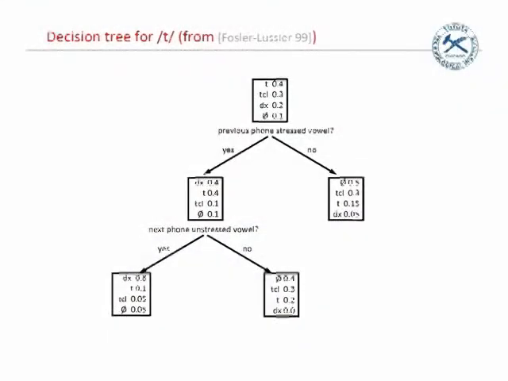And here's what a decision tree might look like for the phoneme T. So the root of the tree is the marginal distribution of the sound. Given that the dictionary predicts that the sound should be T, it might be produced as T 40% of the time, as just a T closure without the turbulent burst sound at the end 30% of the time, as a flap 20% of the time, or it might be completely deleted 10% of the time.